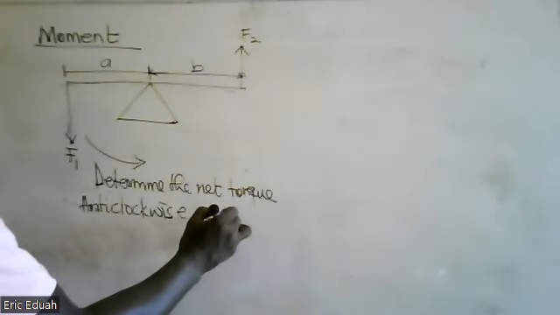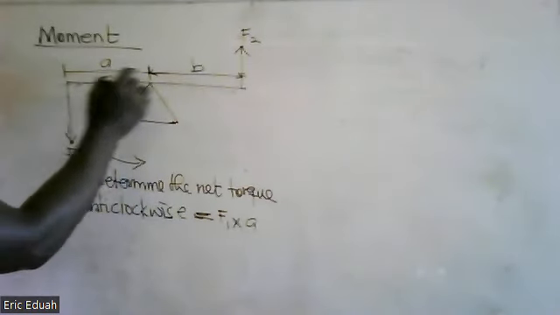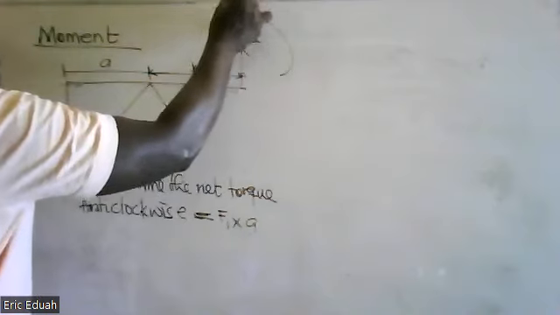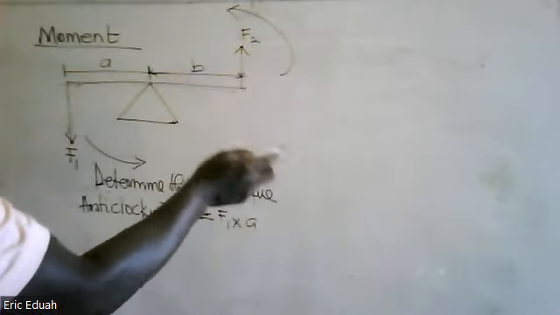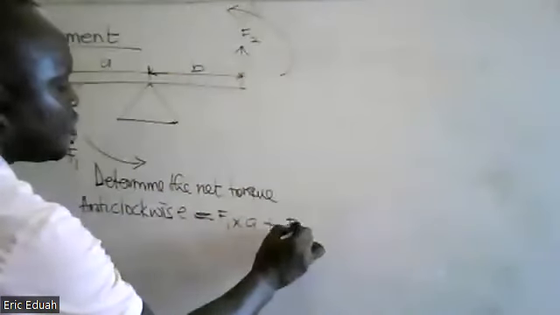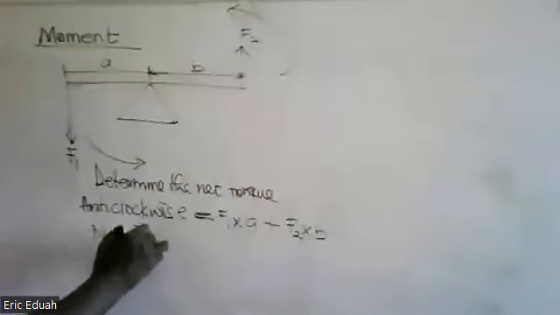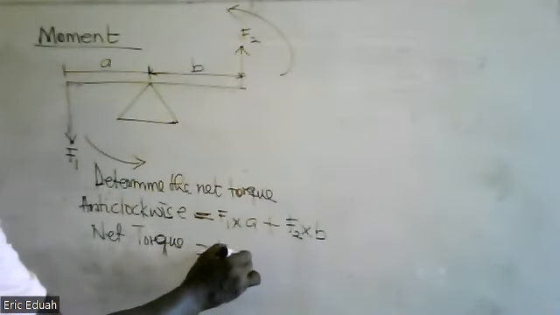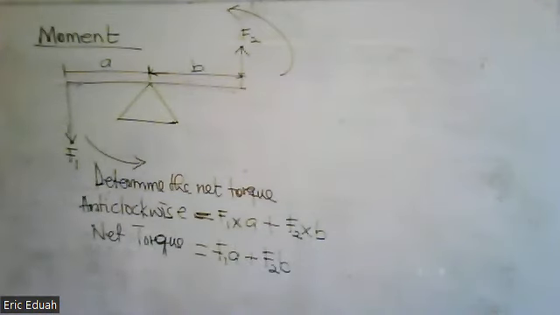So we have F1 times A. And what about the direction of F2? Is it clockwise or anti-clockwise? It's also going up, so the direction is also anti-clockwise. So plus F2 times B. Therefore, the net torque in the system is equal to F1A plus F2B. Okay.